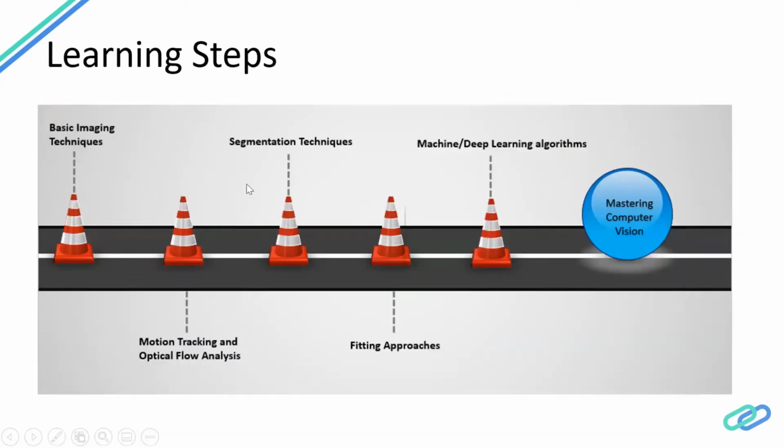So the learning steps for computer vision would be first understanding the basic imaging techniques, and motion tracking, optical flow analysis, segmentation techniques, fitting approaches, and machine and deep learning algorithms. This is to put those topics in a nutshell.